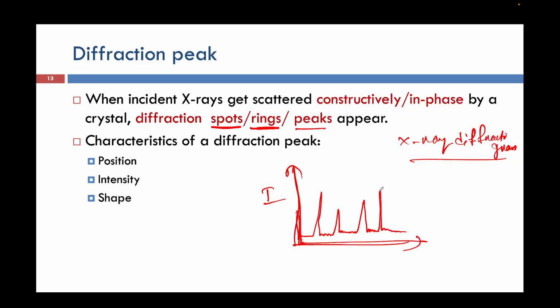This peak will not be that intense, but peaks will be coming like this. An X-ray diffractogram is a plot between intensity and 2 theta, where 2 theta means the position. So these are called diffraction peaks.